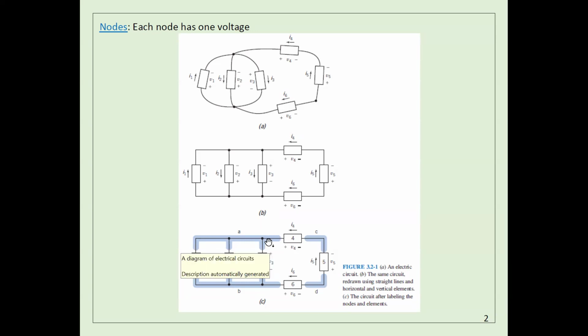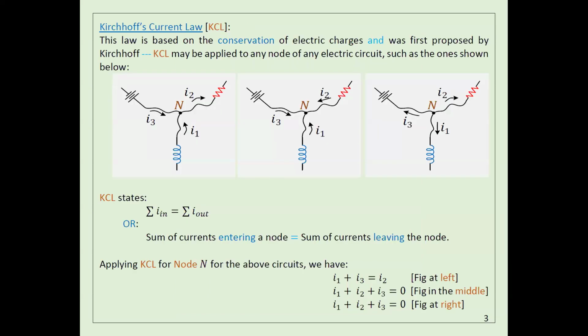Okay, guys. So you will see, all the time when we analyze a circuit, number one, you have to find the nodes, and then you work with these nodes. Anyway, so let's start with the first one, Kirchhoff's current law, KCL.